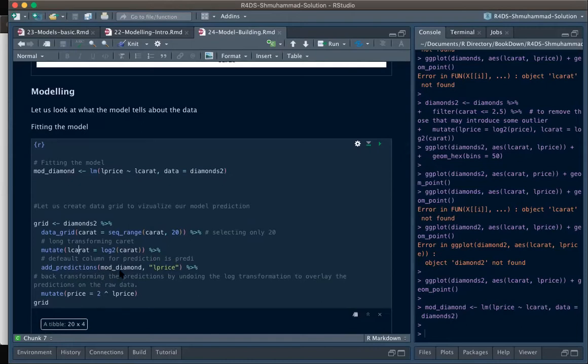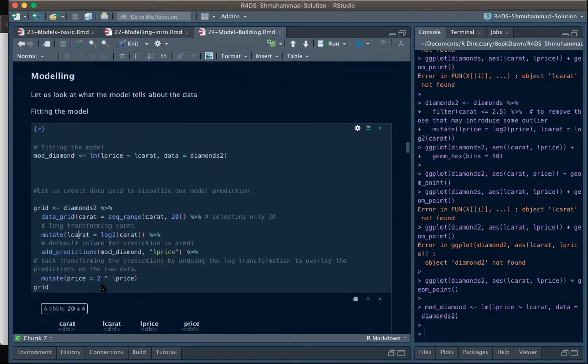You can see mod diamond, the name of the model, and here we rename it to be L price, log price, because this model is using the log transformed price. That is why we named this one here. And finally, we took the price back to its original shape. In log 2, when we take the 2 power of the log of that stuff, it will give us the original result, right? Does that make sense?